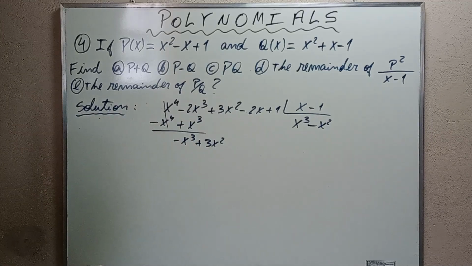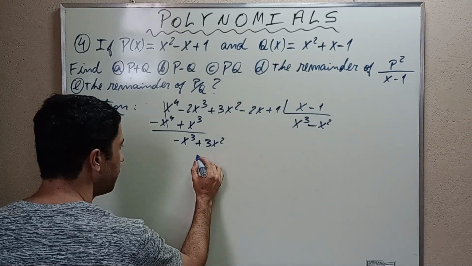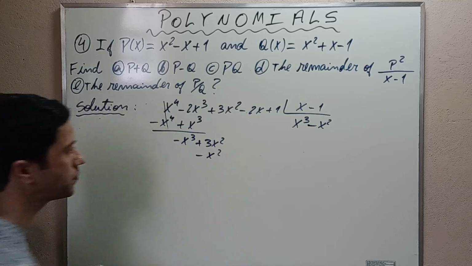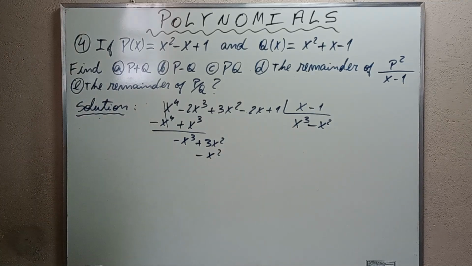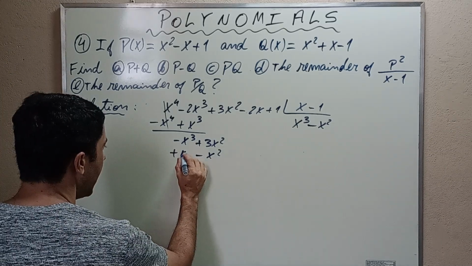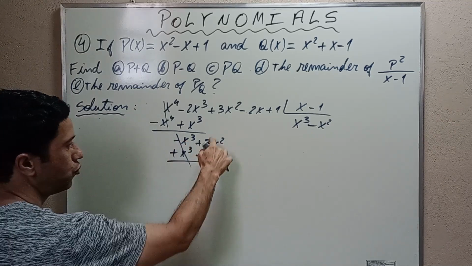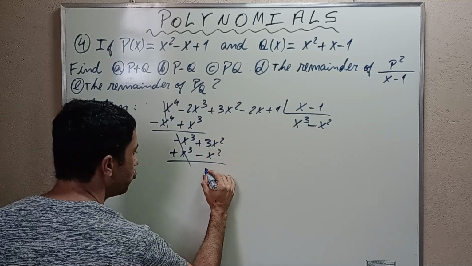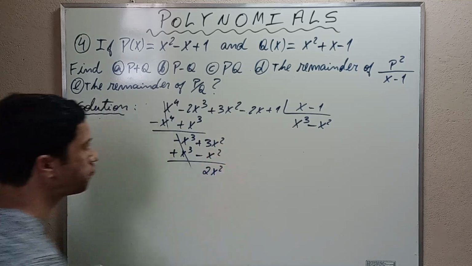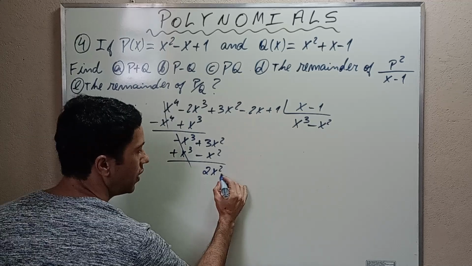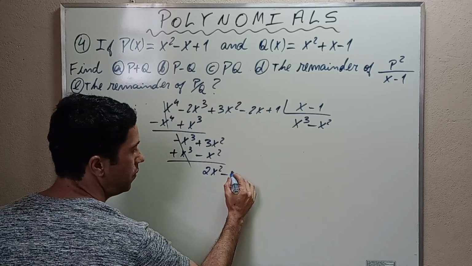Negative x squared times negative 1 is positive x squared. When I pass to the other side, it becomes negative x squared. Negative x squared times x is negative x cubed. I pass to this side, it becomes positive x cubed. These terms cancel each other out. 3 minus 1 is 2x squared. I will need this, then I write it down here.